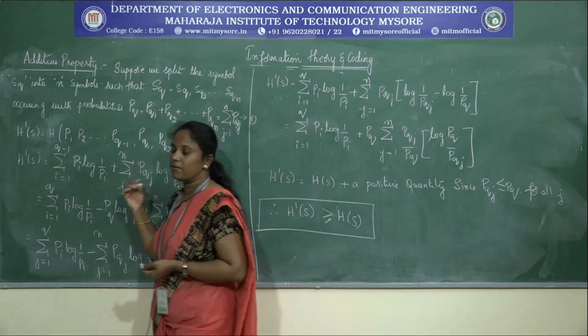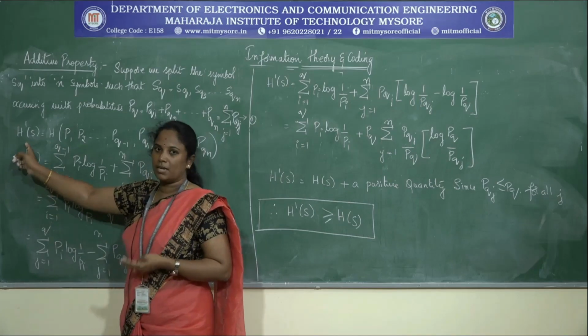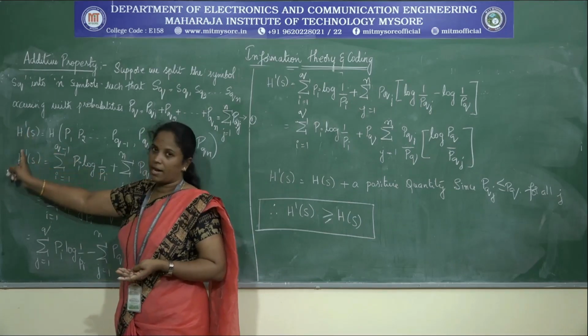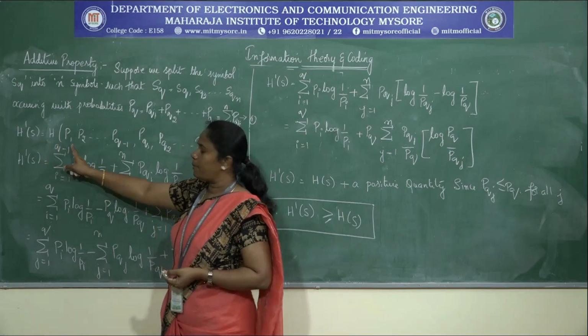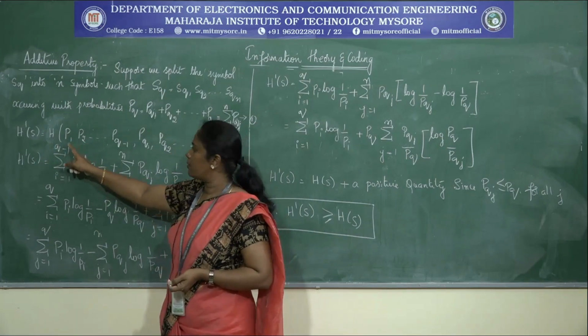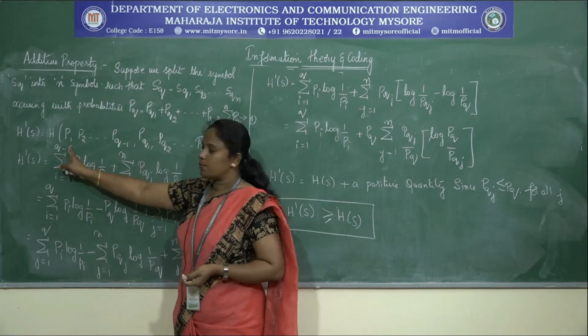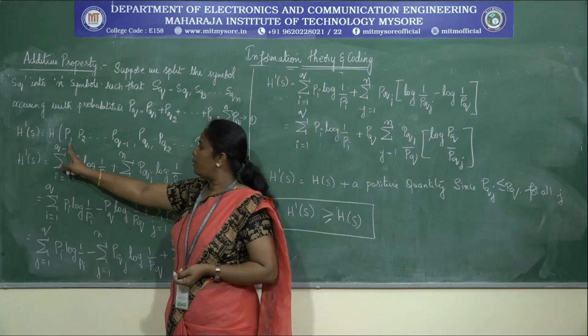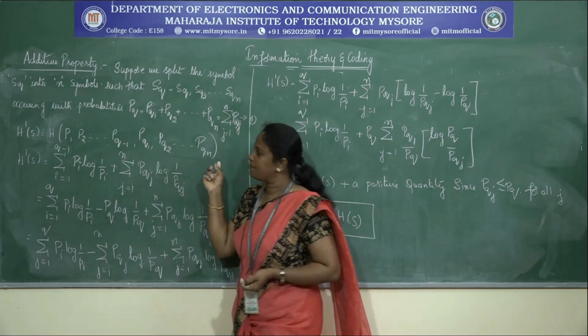So now since we have split up the symbols here, we have represented the corresponding entropy as H dash of S. Where H dash of S is equal to, so instead of writing P1 to PQN, we have split the probabilities as P1 to PQ minus 1 and PQ1 to PQN.